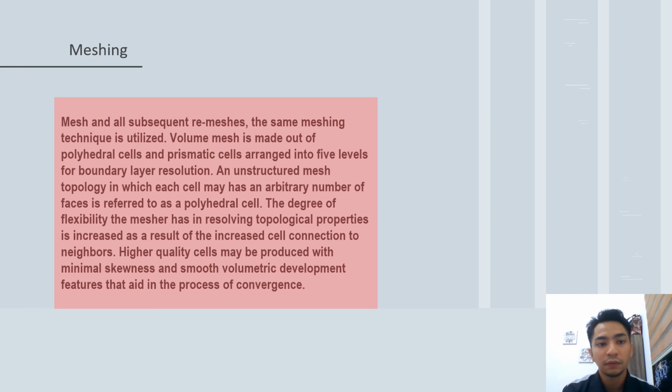The degree of flexibility of the mesh in resolving topological properties is increased as a result of the increased cell connection to neighbors. Higher quality cells may be produced with minimal skewness and smooth volumetric development features that aid the process of convergence.